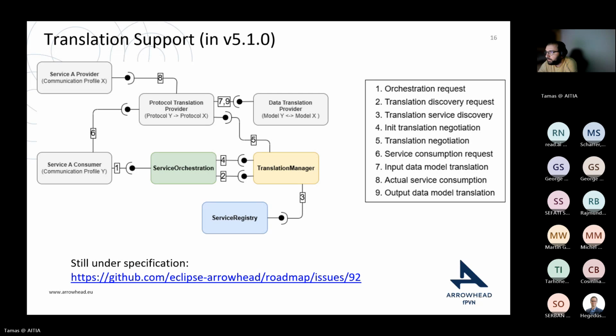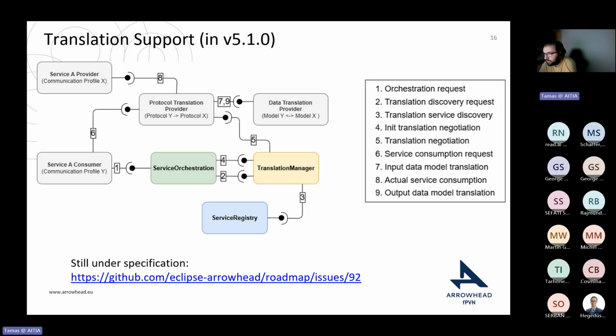And the translation negotiation itself means that the translation manager instructs the protocol translation to create an endpoint on the fly for the service consumption. And if a data format translation is required, then this is the data translation provider that you should use for the data translation.